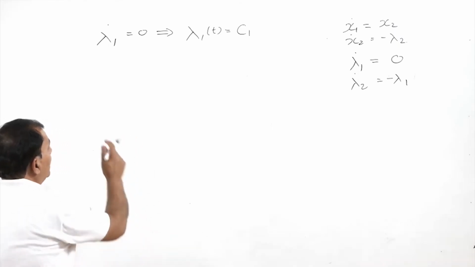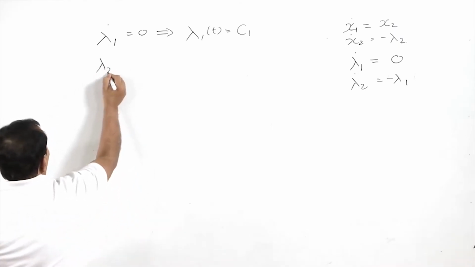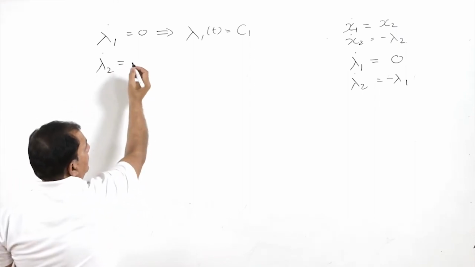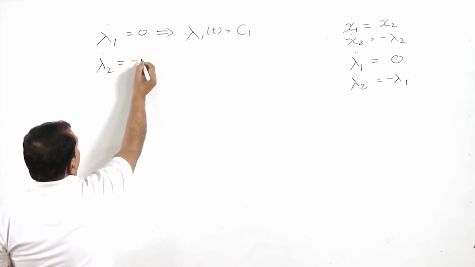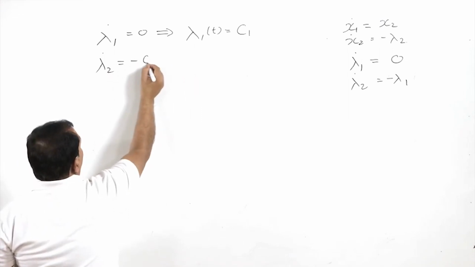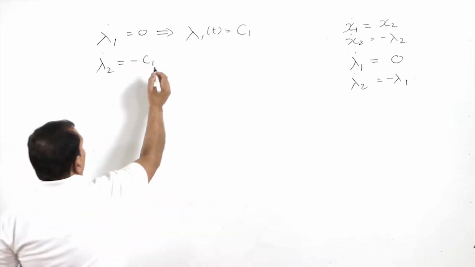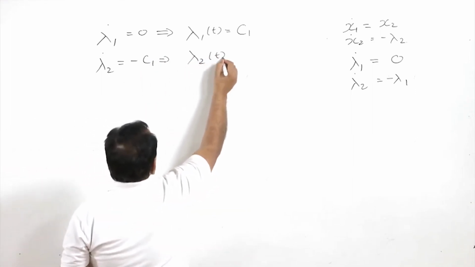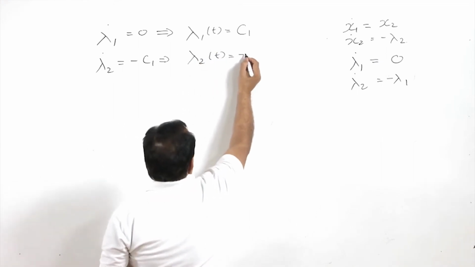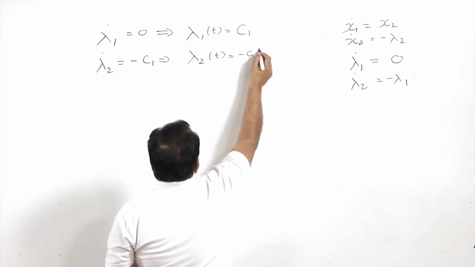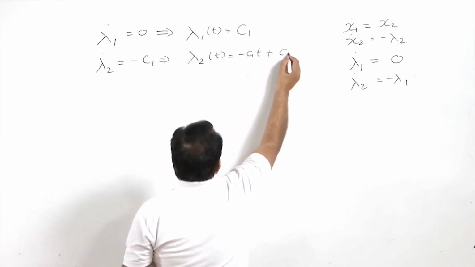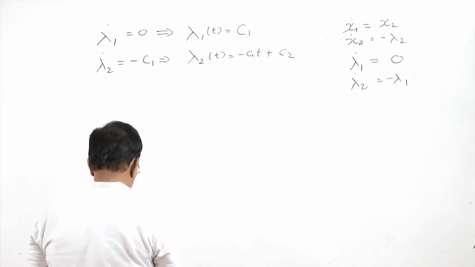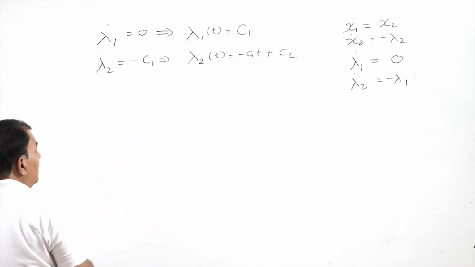If lambda 1 t is C1, we have lambda 2 dot as minus lambda 1, which is nothing but minus C1. This means lambda 2 t is minus C1 t plus C2. This will be my lambda 2 t.